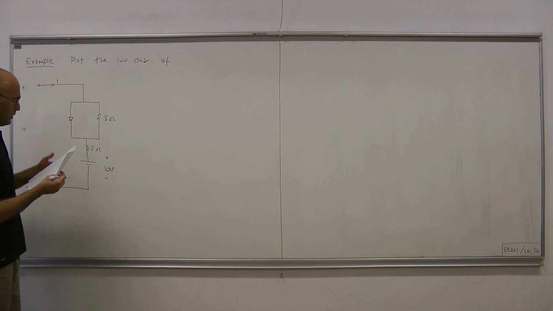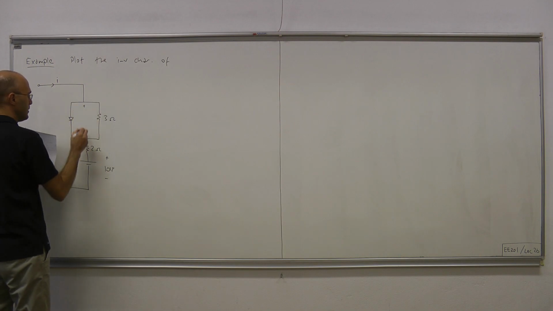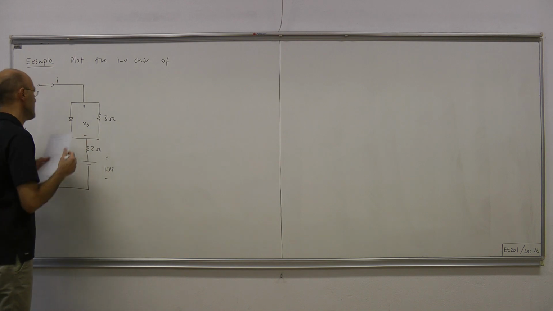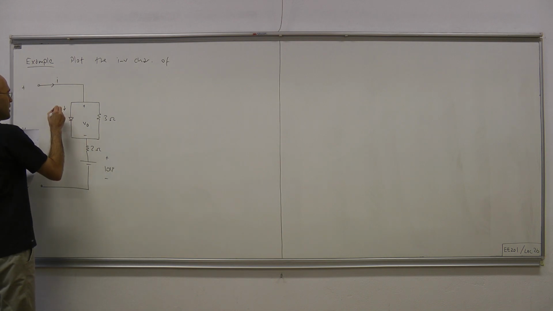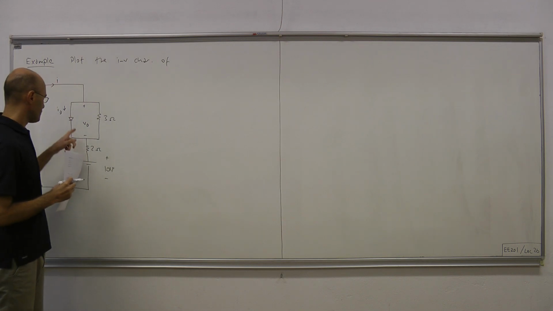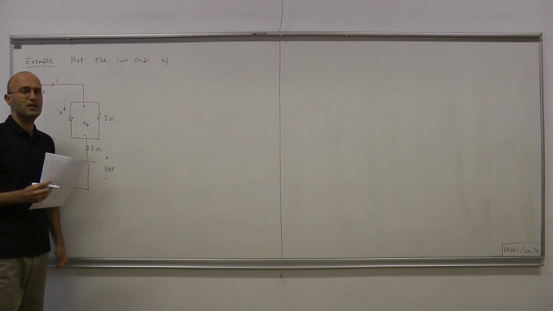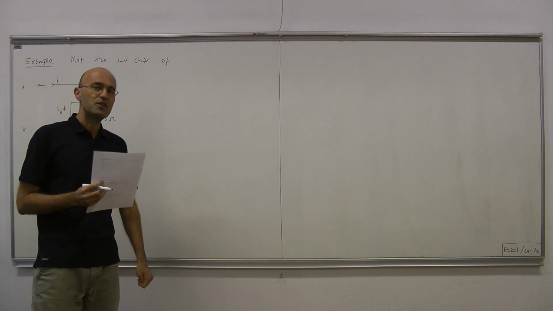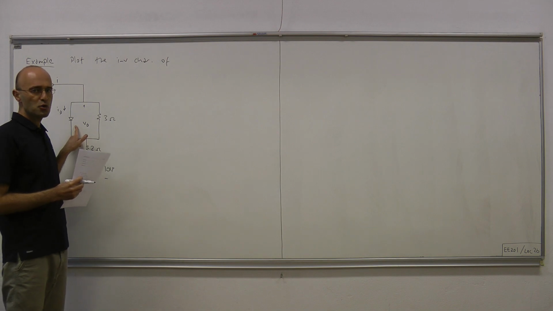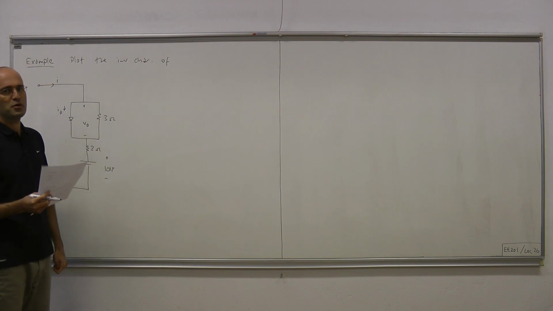Now let's label the voltage of the diode as VD and let this be its current, ID. Now this diode, although it's a nonlinear element, is a very simple nonlinear element in the sense that it either behaves like a short circuit or an open circuit.